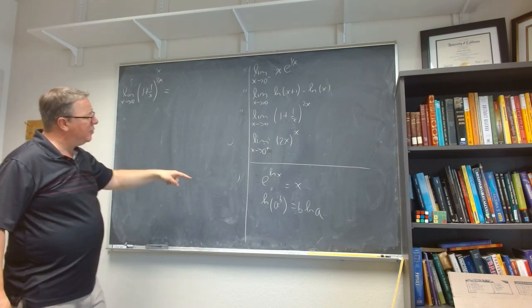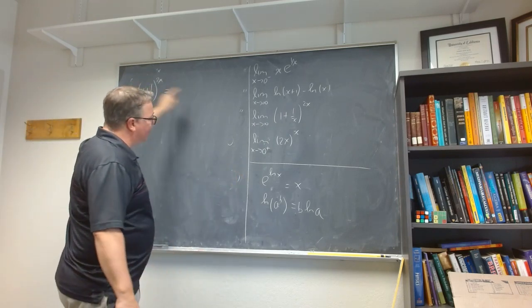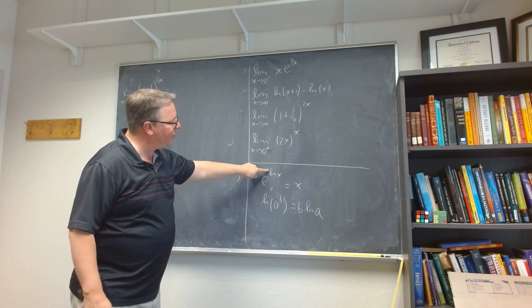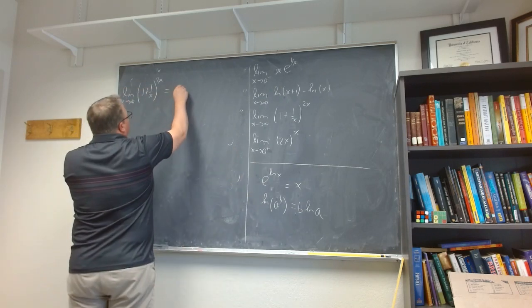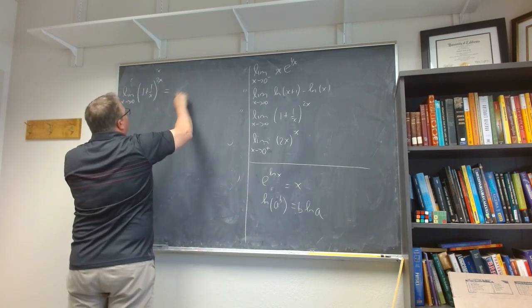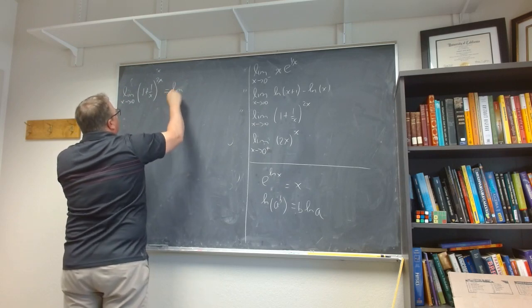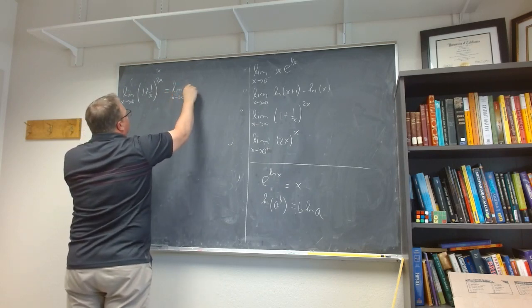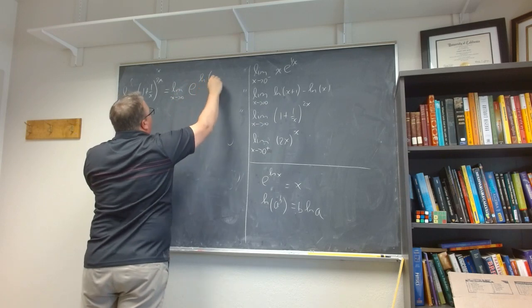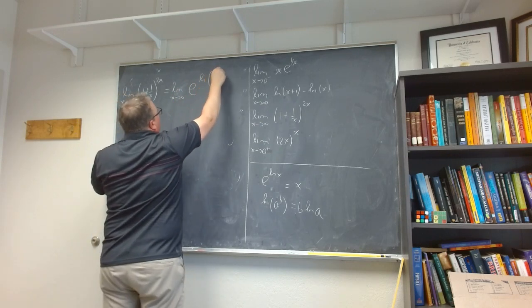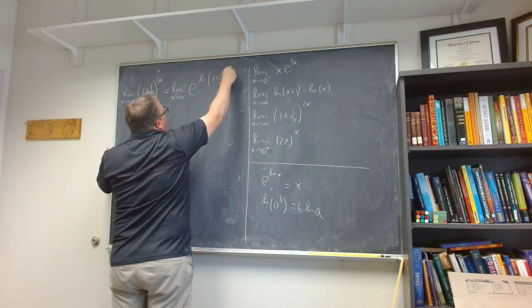So to do that, we're going to plug this entire expression into e to the natural log of x. So we're going to do e, first limit. We're doing the limit as x goes to infinity of e to the natural log of 1 plus 1 over x to the 2x.